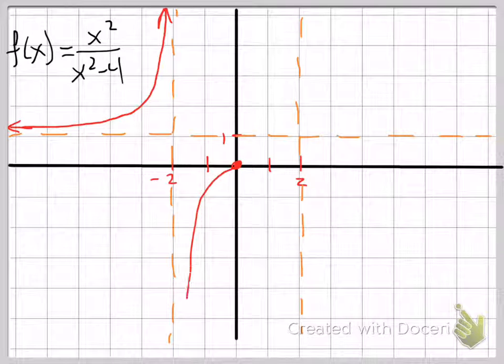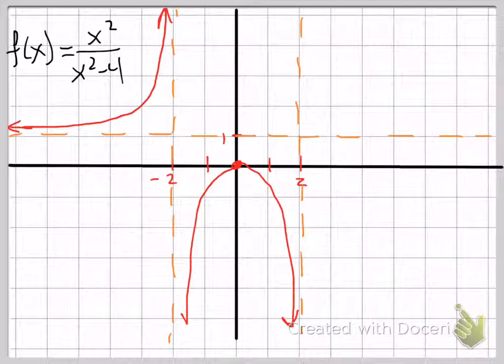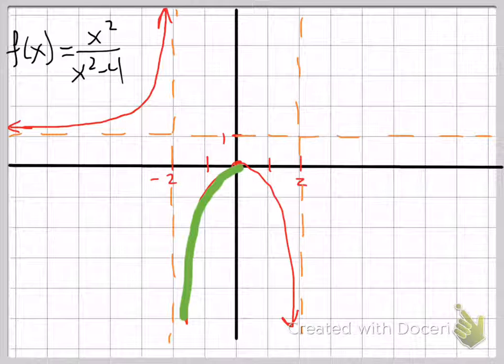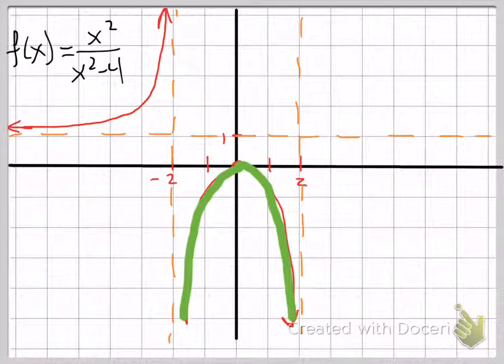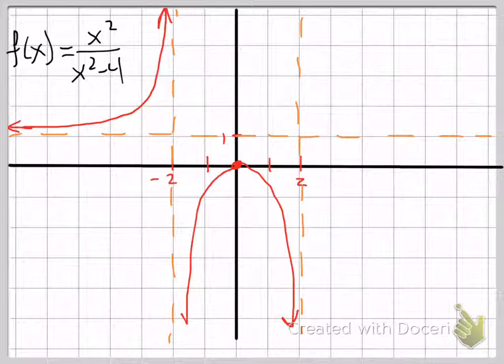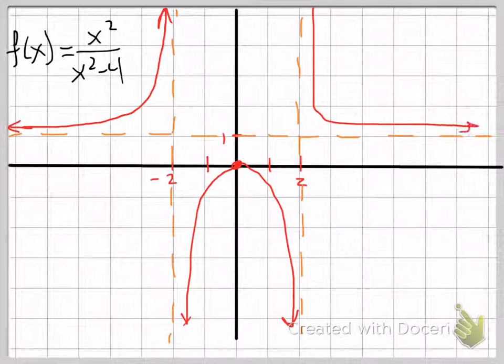And I know that it was concave down and increasing from negative 2 to 0. We have a maximum at 0, and then decreasing and concave down from 0 to 2. And then again you see that symmetry. And then finally, it is decreasing and concave up from 2 to infinity.